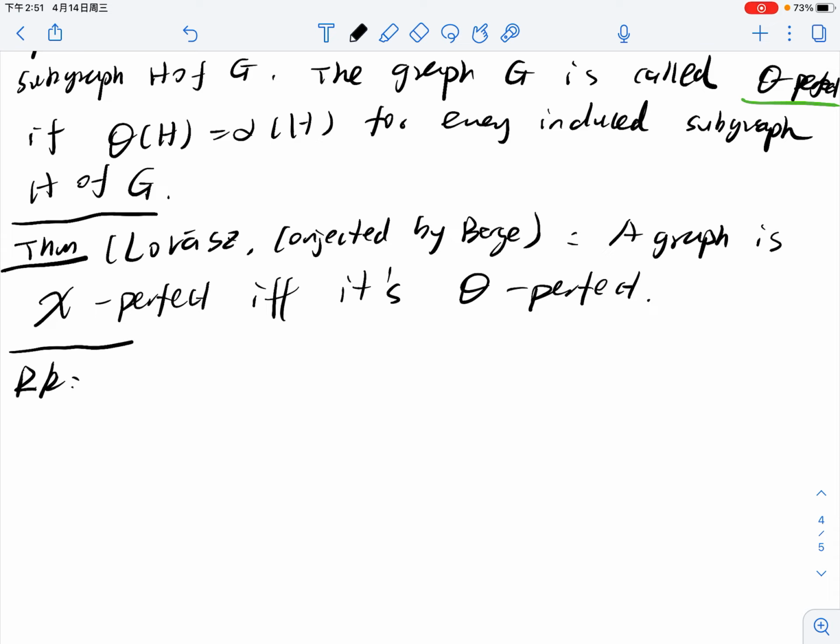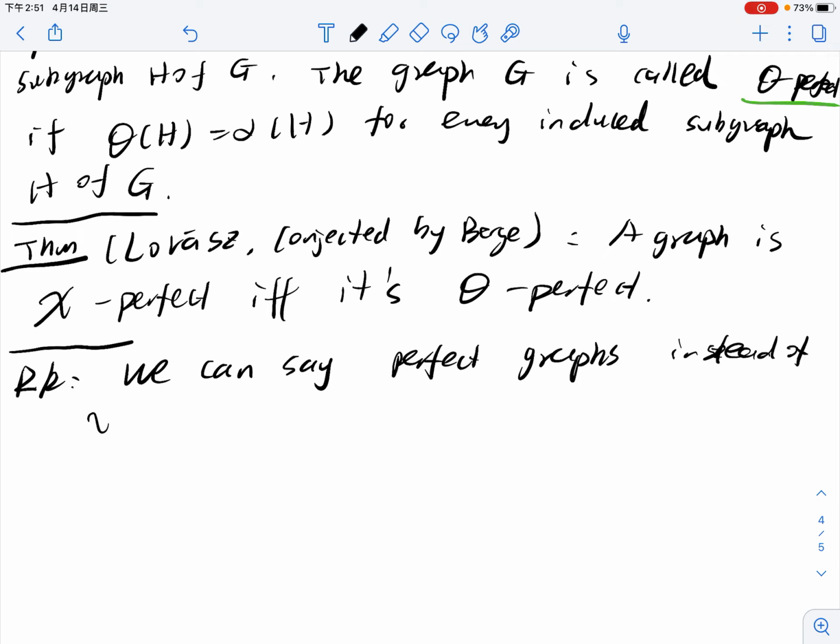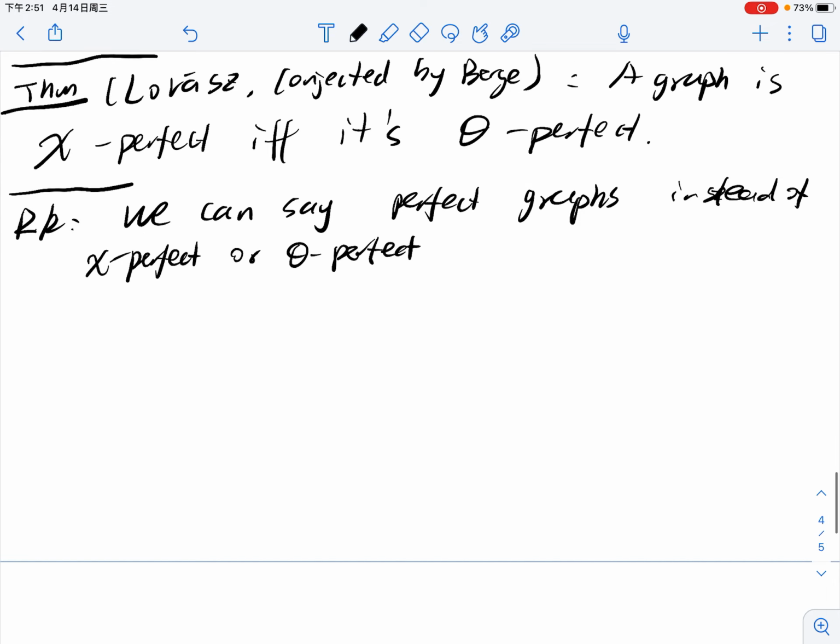Remark: we can say perfect graphs instead of chi-perfect or theta-perfect. Automatically you have these two properties.